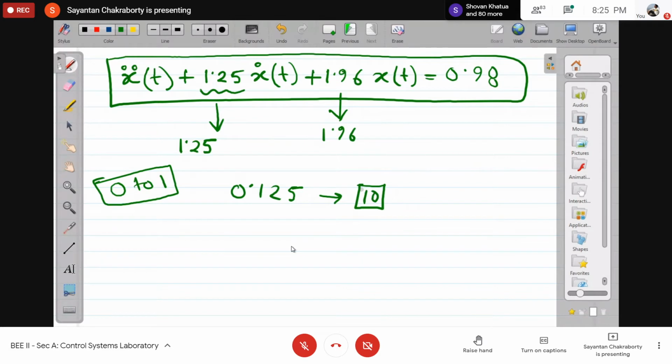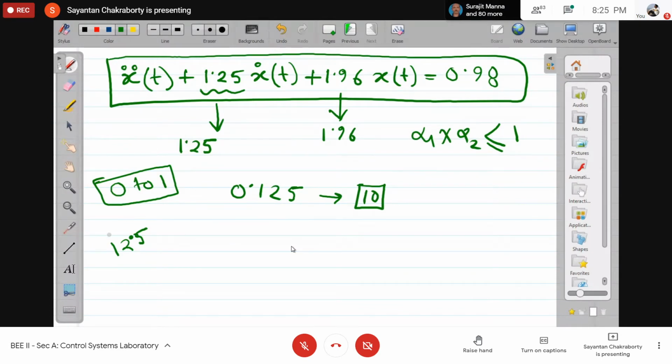Now if you want to have 12.5, then you can use two pots simultaneously. Again, two pots simultaneously will not give you anything. Sorry, using two pots simultaneously, alpha 1 into alpha 2 will still be less than or equal to 1. See, how can you get alpha 1 into alpha 2 greater than 1? Because alpha 1 and alpha 2 both are less than or equal to 1. That's not possible.